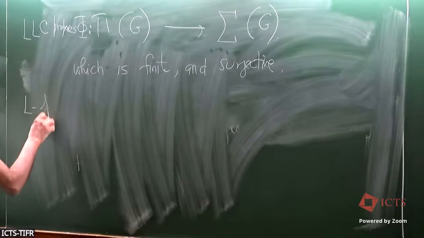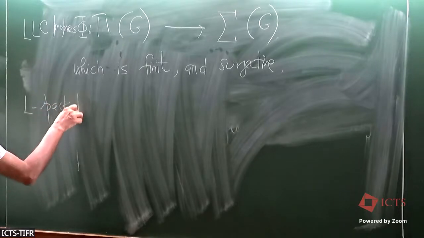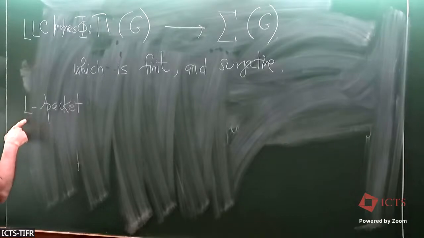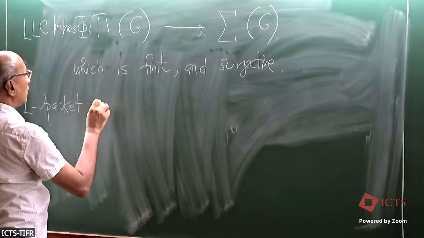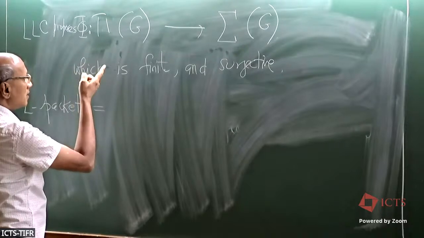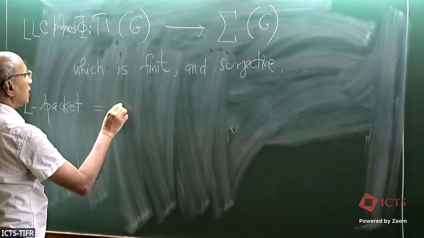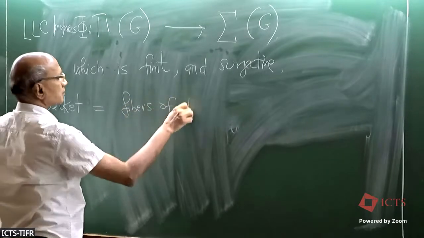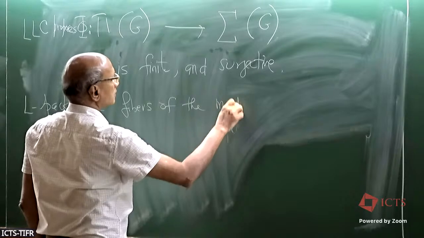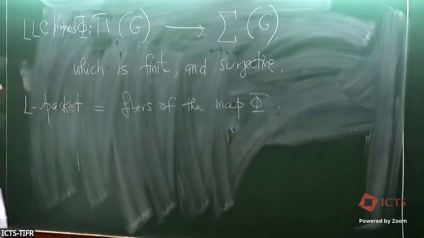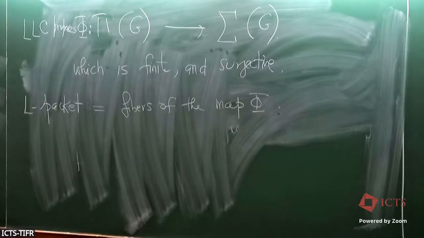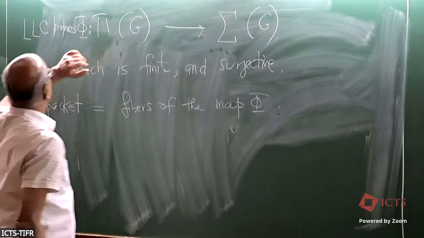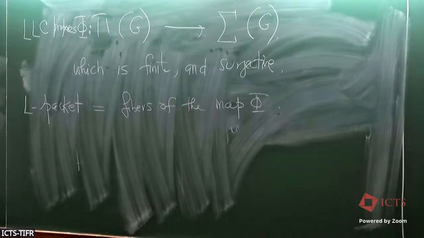So one of the things that is very important for GGP is the notion of an L-packet. This is not the definition, but it is a property: L-packets are fibers of the map phi. And this is called the weak form of the local Langlands correspondence.